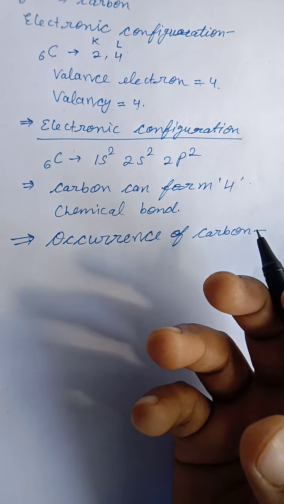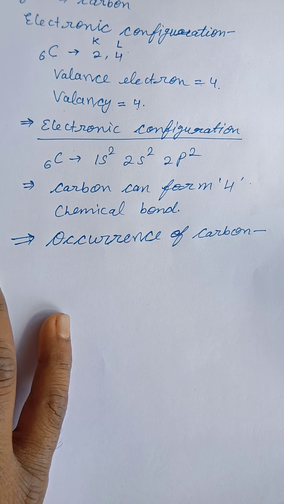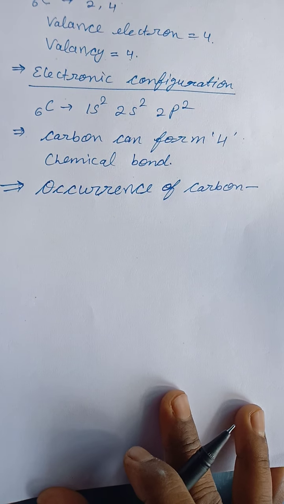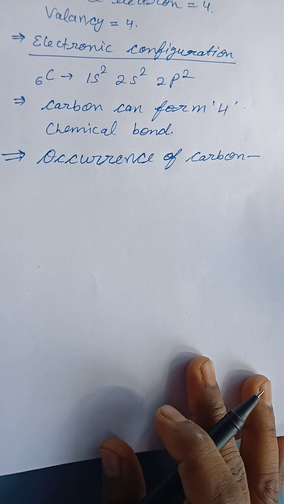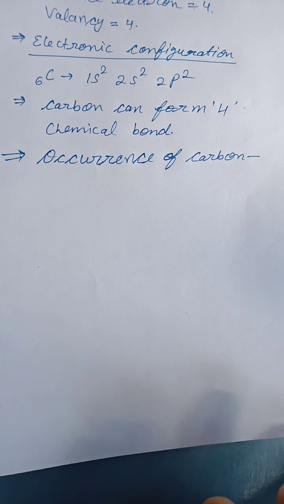In the free state, it exists in the form of coke, and in the combined state, it exists in the form of different molecules like hydrocarbons, calcium sulfide, carbon dioxide, etc.